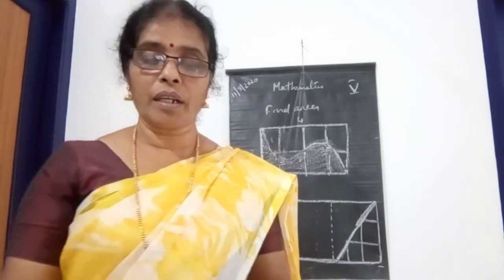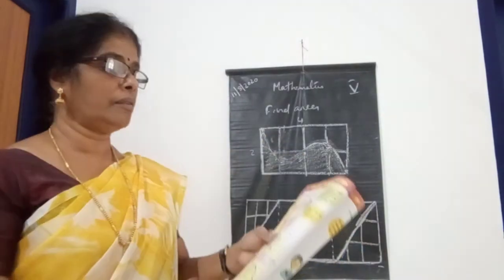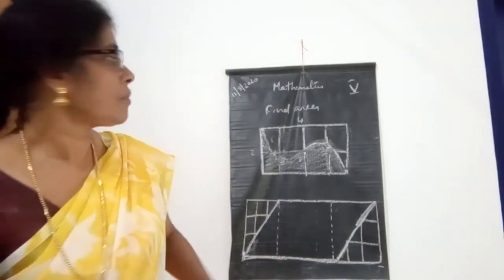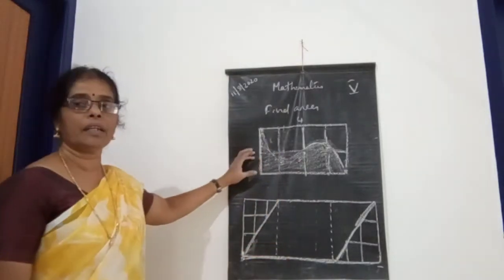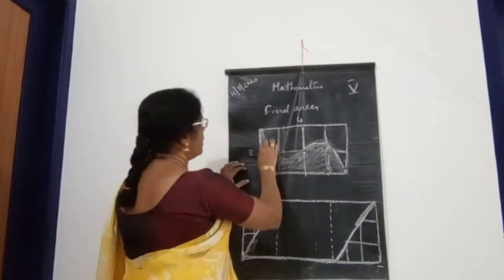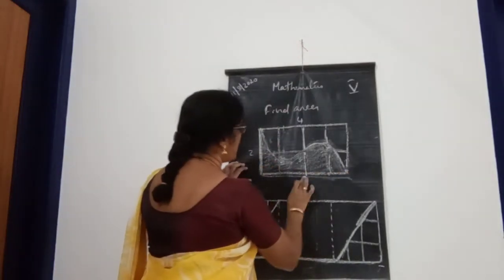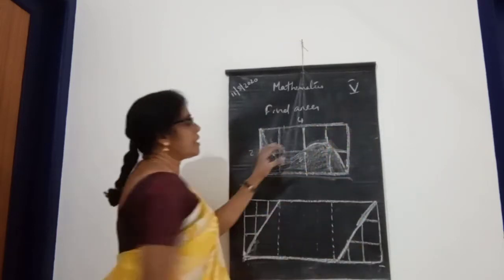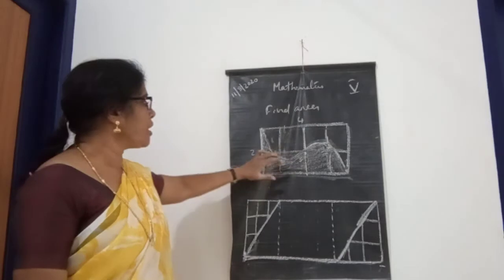Okay, the next one, how many squares in me? Look here, how many squares in me? This one is the figure. How many squares in me? Look here. Yes, this one is the shape of a rectangle, isn't it? In this rectangle, one figure is already given.